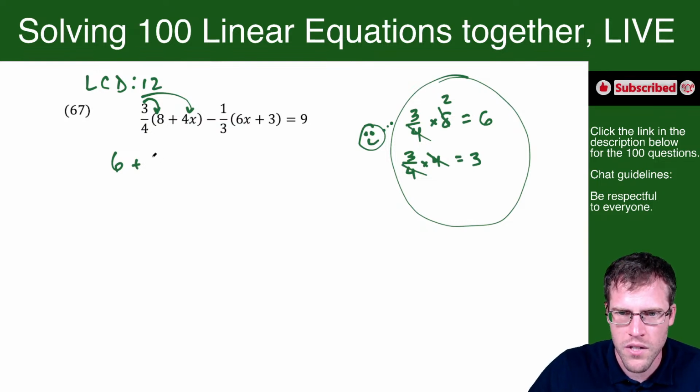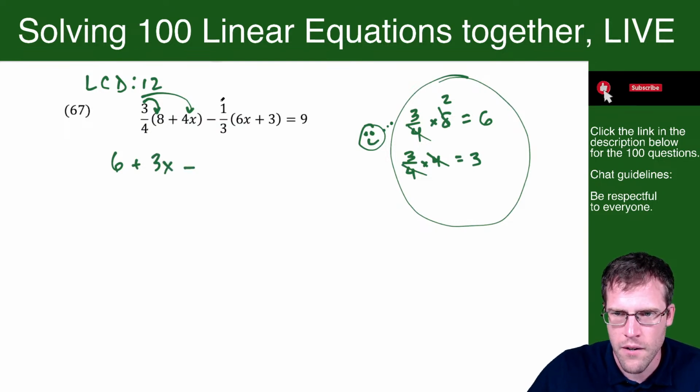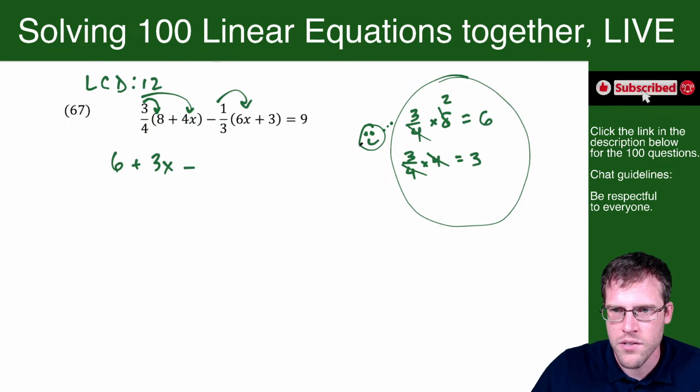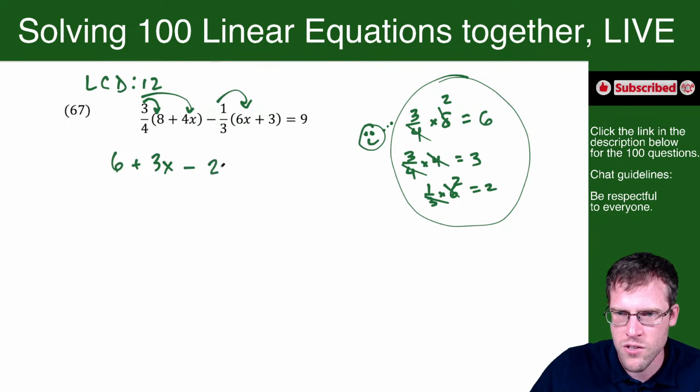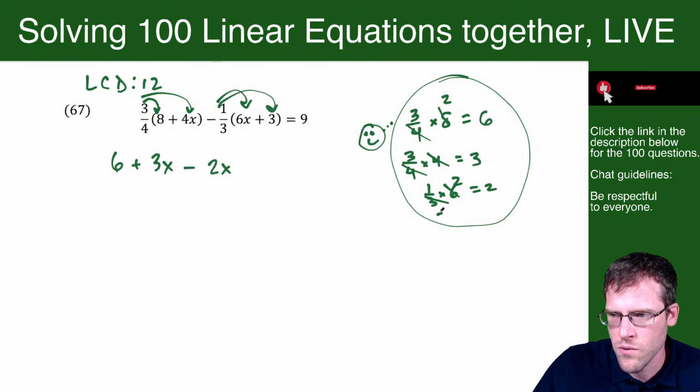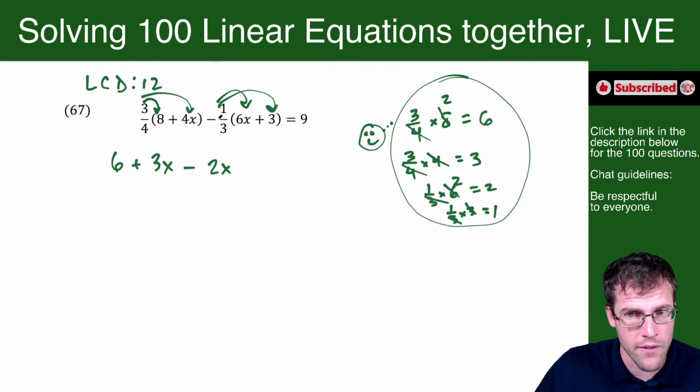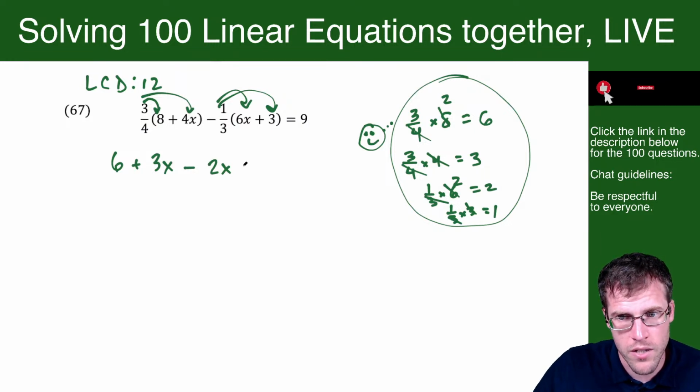So that's going to give us 3x. And now minus, I distribute a minus third, so I have minus 1/3. 1/3 times 6 is like doing 6 divided by 3 is 2. So this becomes minus 2x, and then minus 1/3 times 3. 1/3 times 3 simplifies to 1. So negative 1/3 times positive 3 would make minus 1.